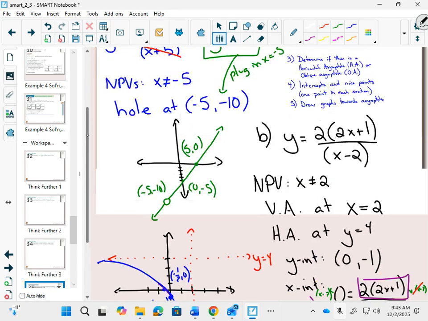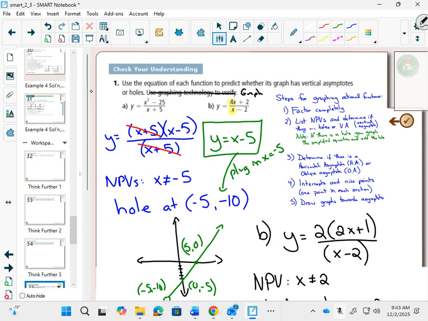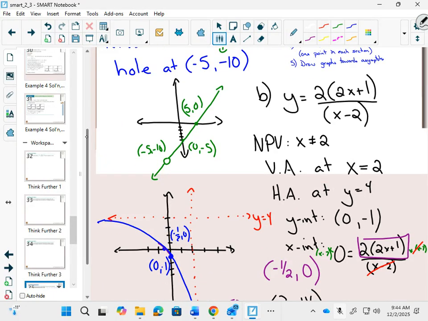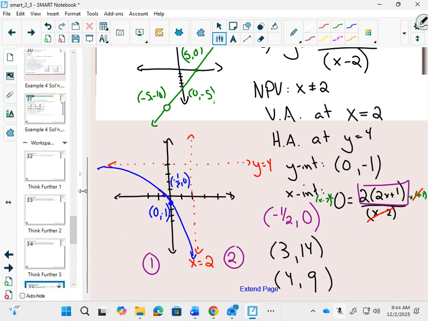Somebody else plugs in 4. If I plugged in 4, the bottom would be 2. The top would be 16 plus 2, 18. Divided by 2 would be 9. So I could graph 4 comma 9, which would be about there. 3 comma 14 would probably be about there.